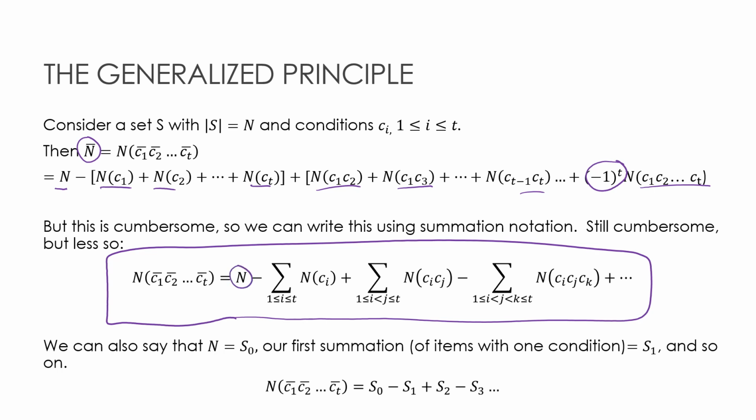We're saying start with the universe, take the sum of all of the sets of size 1 from 1 to however many conditions you have, add sets of size 2, subtract sets of size 3, etc. Or you may also see it written much more simply, which I like, as this, which says S sub 0 is n, our universe. S sub 1 is the sum of all of the sets of size 1. I'm subtracting those. The sum of all the sets of size 2 I'm adding, subtracting sets of size 3, and so on.